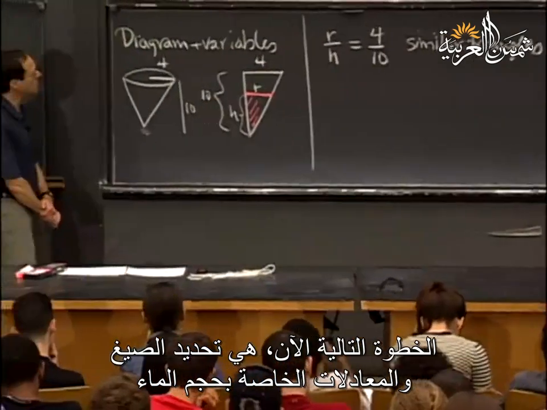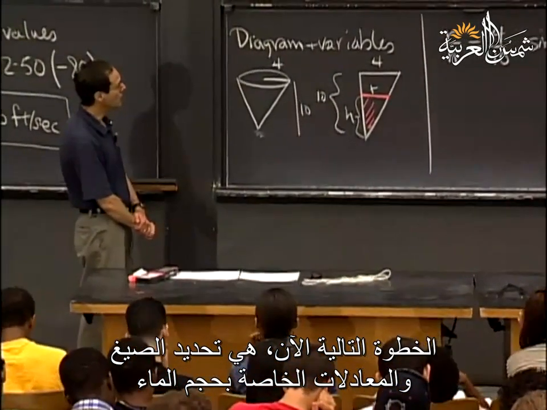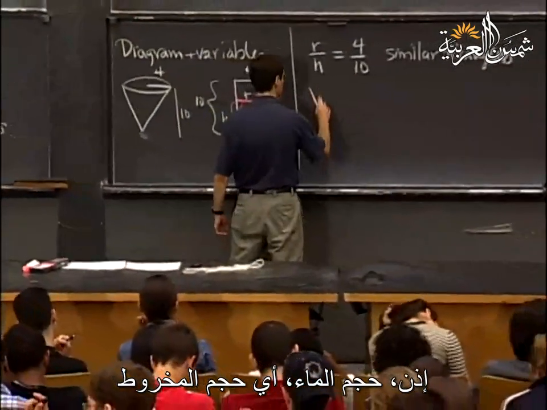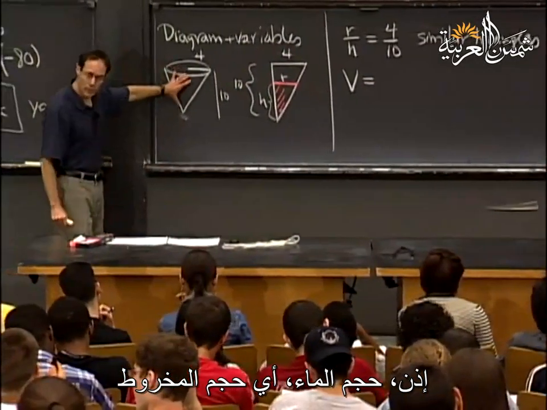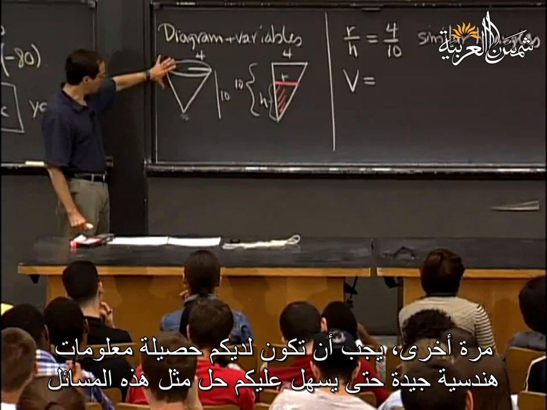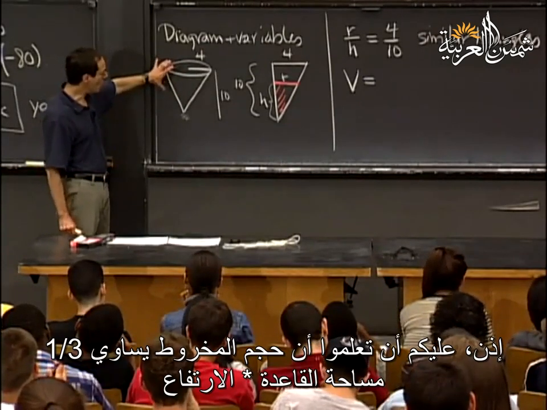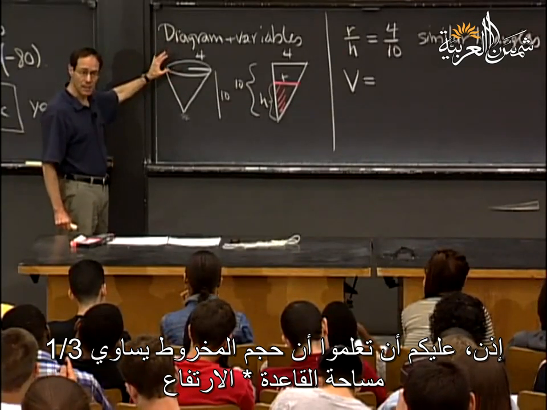Now, the second thing we have to do is set up formulas for the volume of water and then figure out what's going on here. So the volume of water is of a cone. So again, you have to know something about geometry to do many of these problems. So you have to know that the volume of a cone is 1/3 base times height.